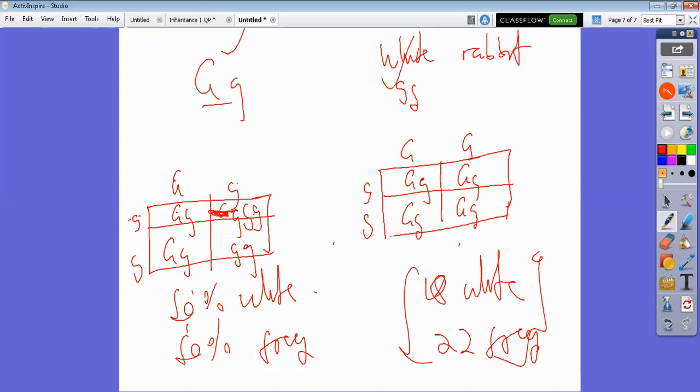You guys are quiet. I hope you can hear me. So this suggests that, because we're doing a test cross, the gray rabbit that we used was a heterozygous one. Is that clear?